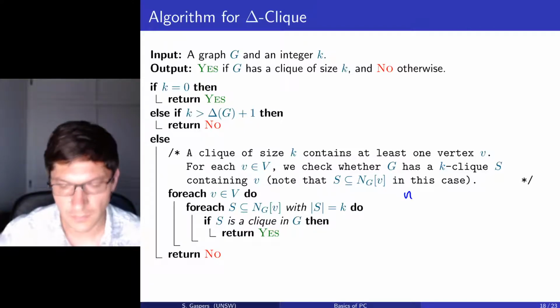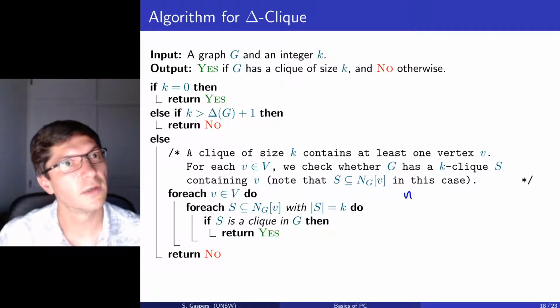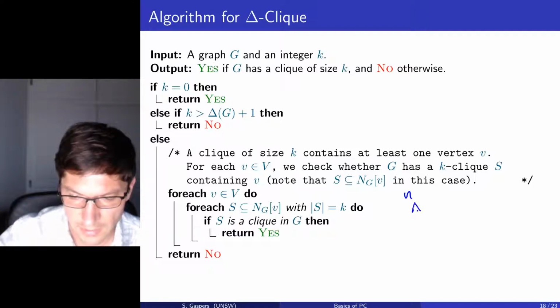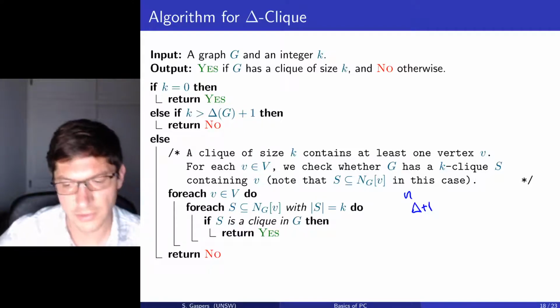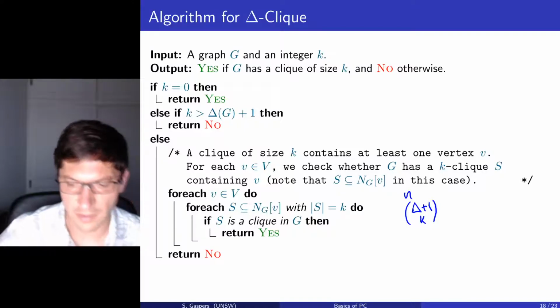Every closed neighborhood has size at most delta of G plus 1, and we go through all subsets of size k.